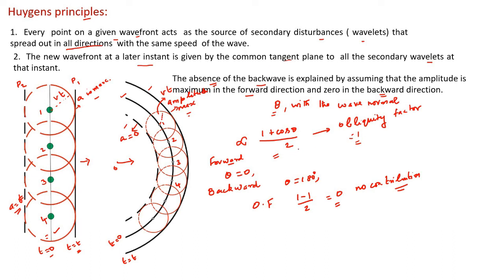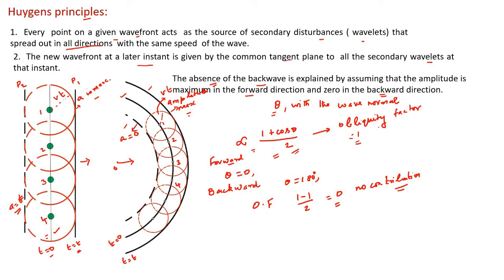Of course, this is given by a very rigorous mathematical treatment, but only the final step is taken here. The full expression is not given here. What is required is taken here at our level. So the contribution of a wavelet in any direction making an angle theta with the wave normal is found to be proportional to (1 + cos theta)/2.